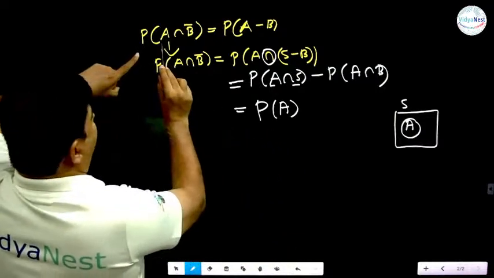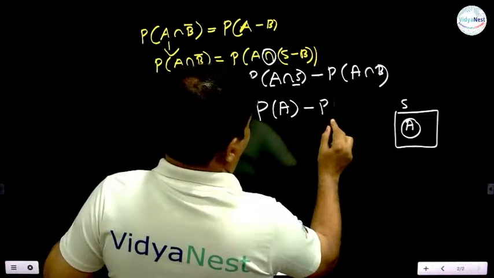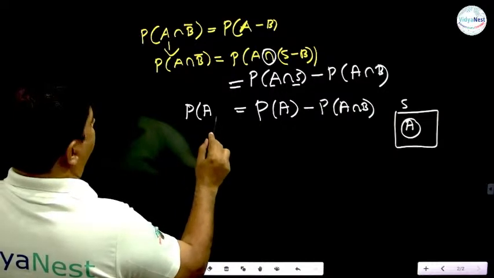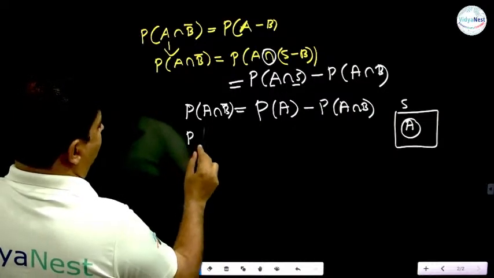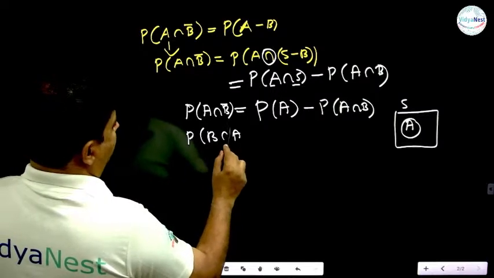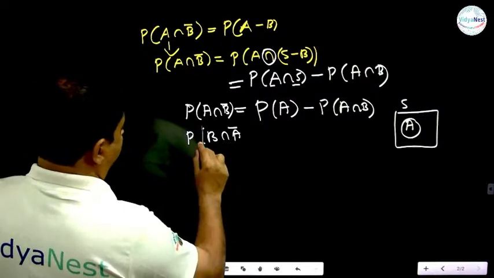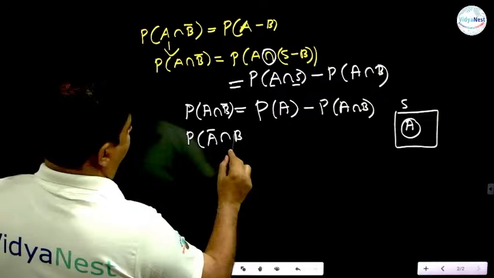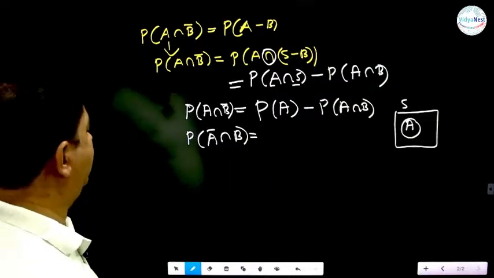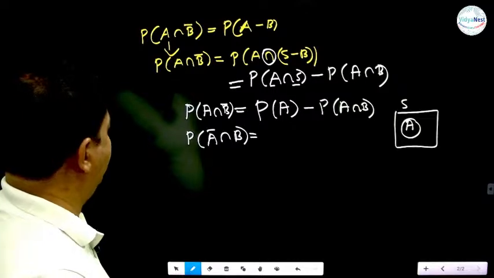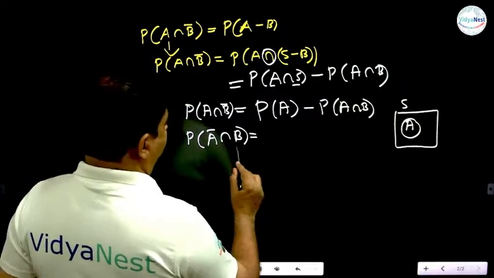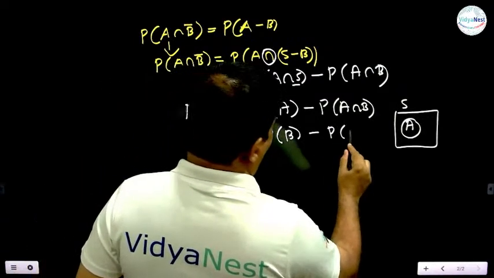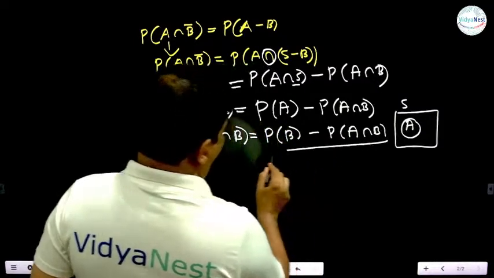So that P A intersection B complement can be written in this way. ऐसे ही अगर P intersection A complement, sorry, A complement intersection B दिया जाए तो इसको हम कैसे लिख सकते हैं? इसको भी हम ऐसे लिख सकते हैं कि probability of B minus probability of A intersection B. Okay.